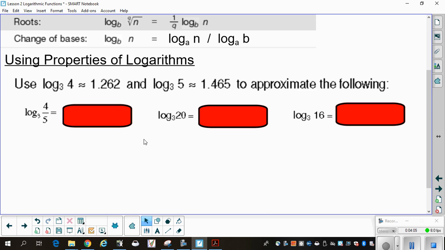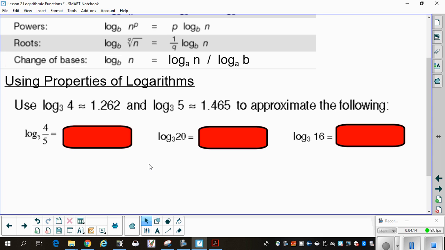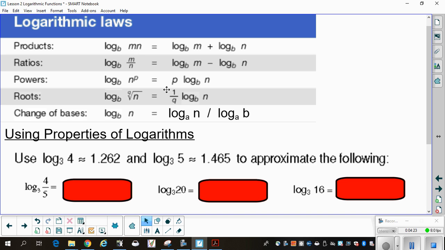If you gave me log base 3 of 4 and log base 3 of 5 and wanted me to approximate these guys, log base 3 of 4/5, well, this is the same thing. I'm doing division.